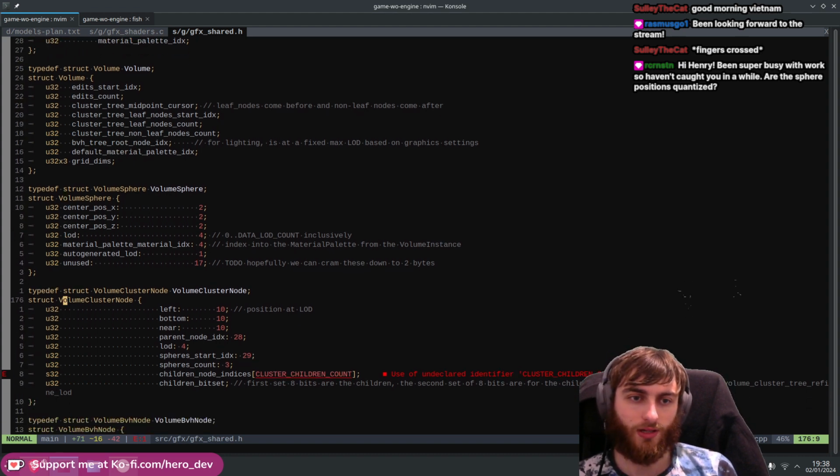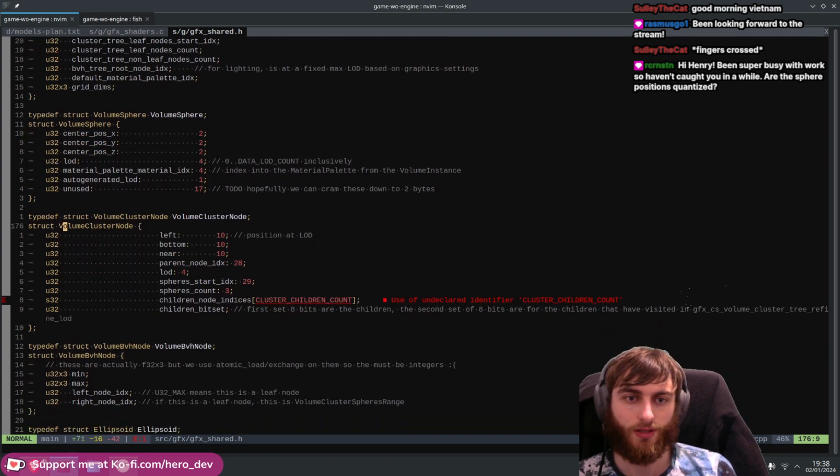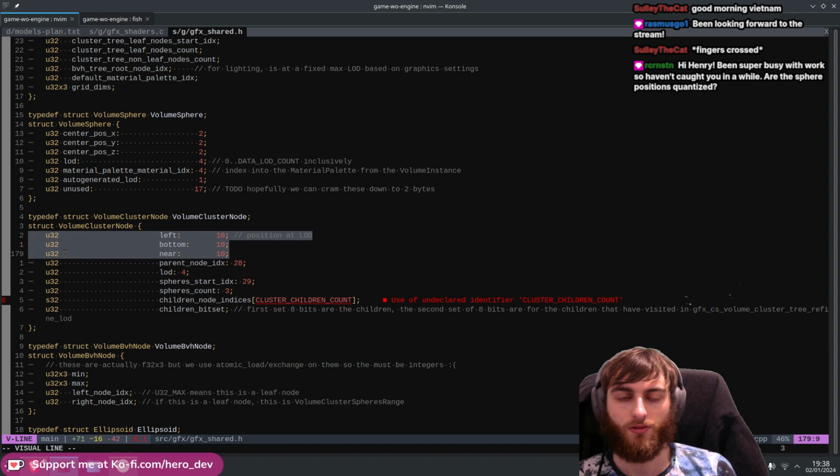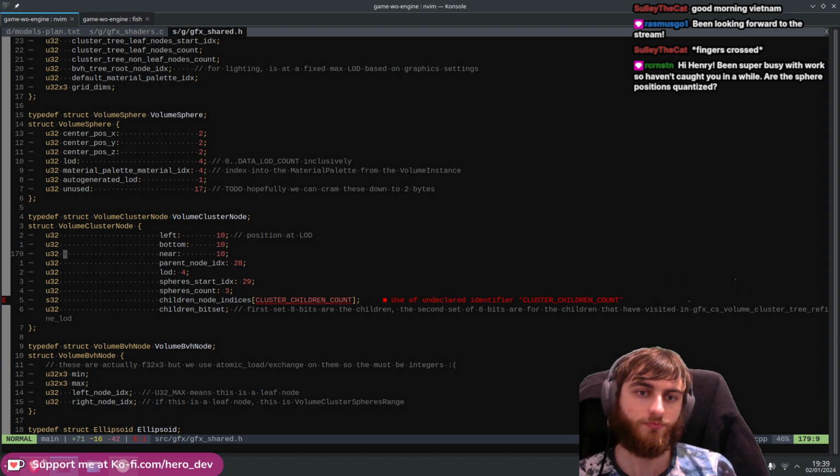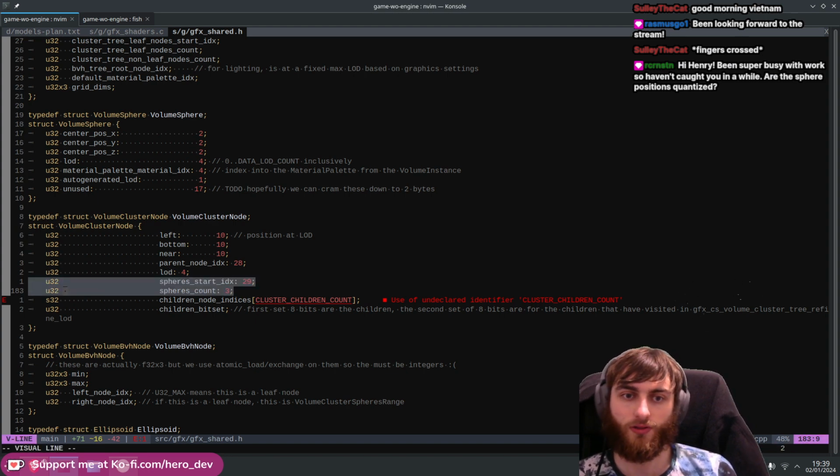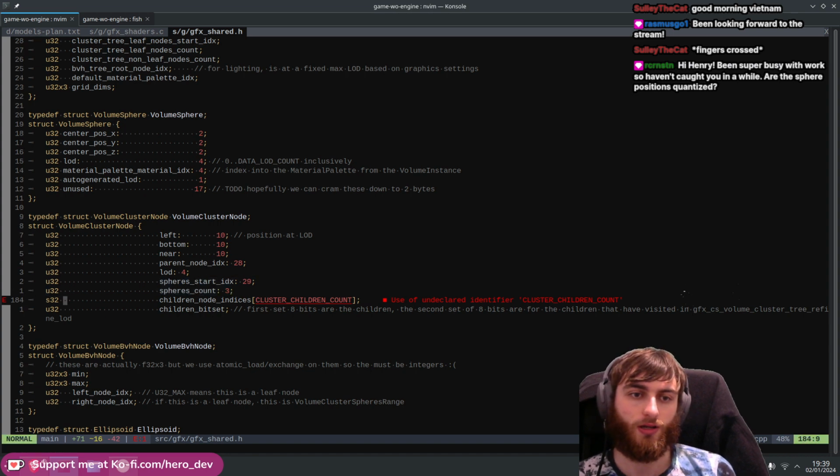And then inside a cluster, that's what a cluster looks like. This is also quantized, where it's got 10 bits for each XYZ position inside the volume. It's got a link to the parent node. It's got the LOD it's at, and it has the range of spheres inside a spheres buffer, and then we link to the child nodes as well.